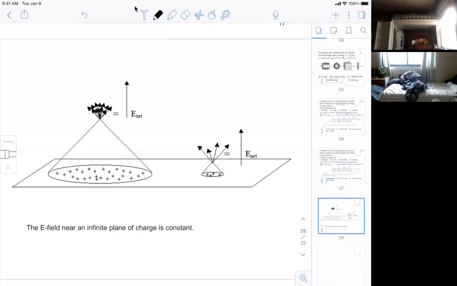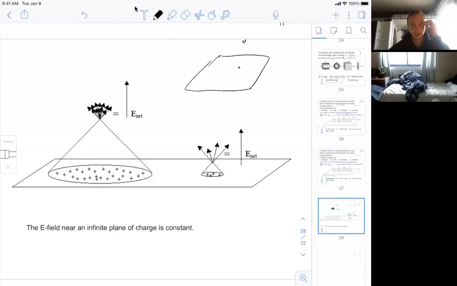So a lot of times you see the language of a large sheet of distribution, or that you're looking at a point that is close to the sheet, meaning that when you are really close to something, it looks as if it's a very large sheet. If you go further away from your sheet, the sheet looks small and it's not an infinite sheet.